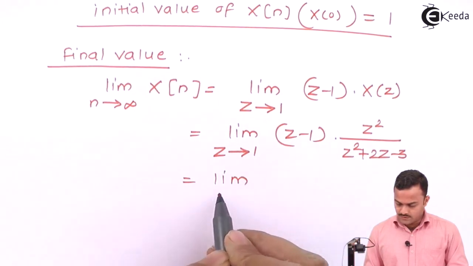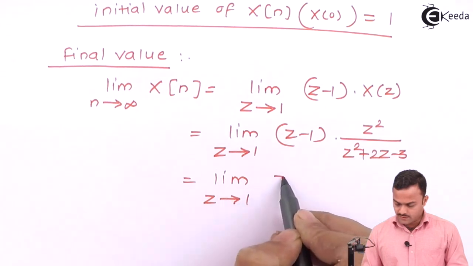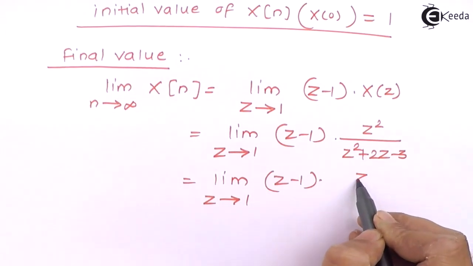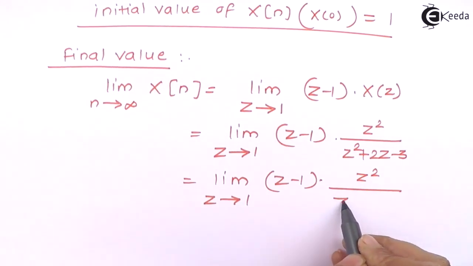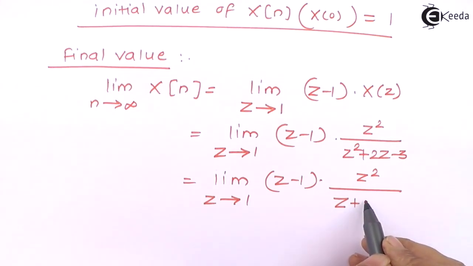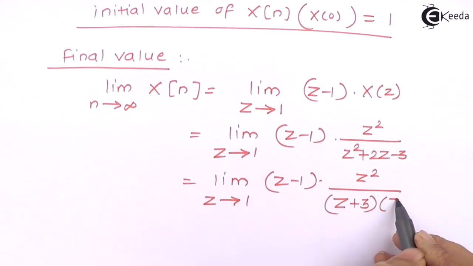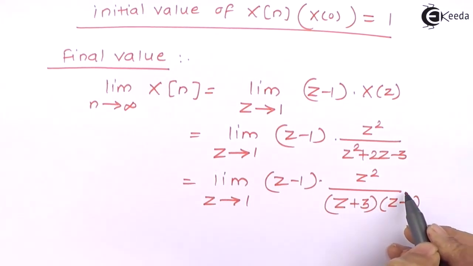If you look properly, this can be factorized into two factors, z plus 3 and z minus 1.